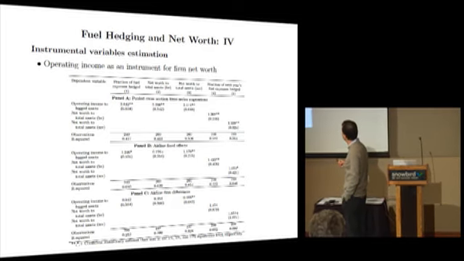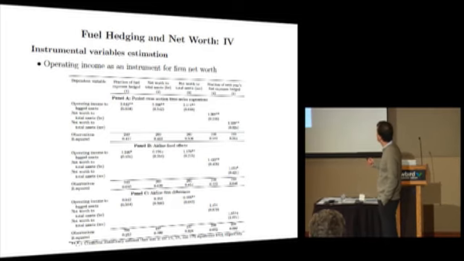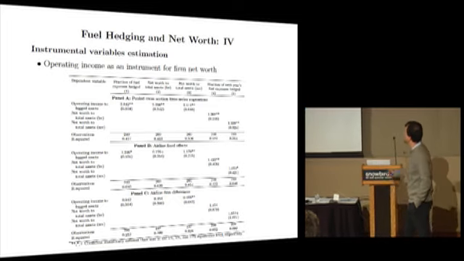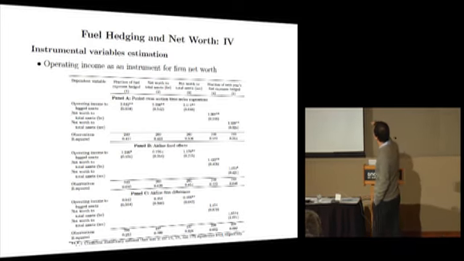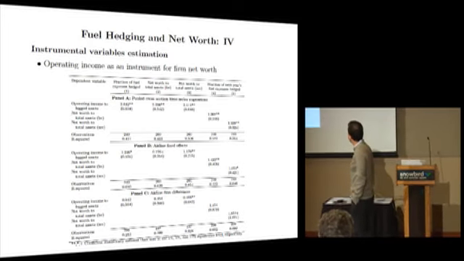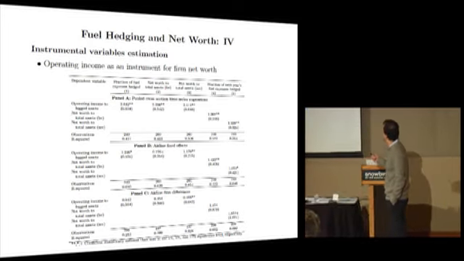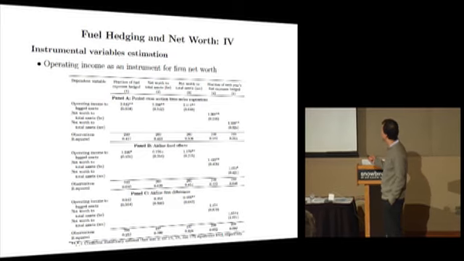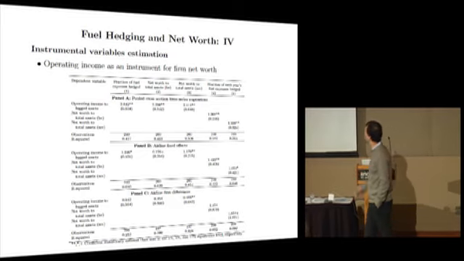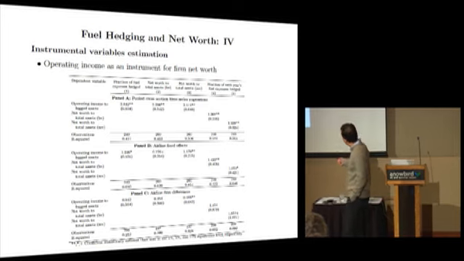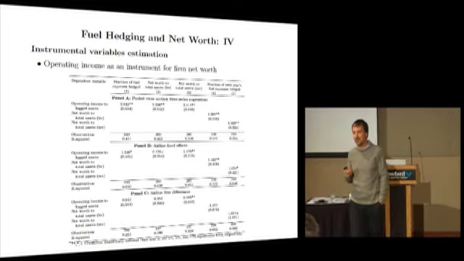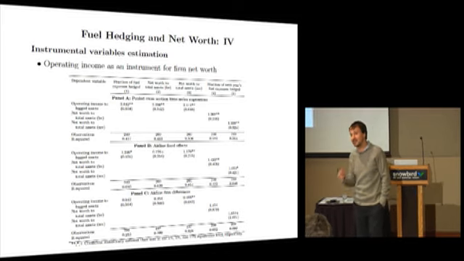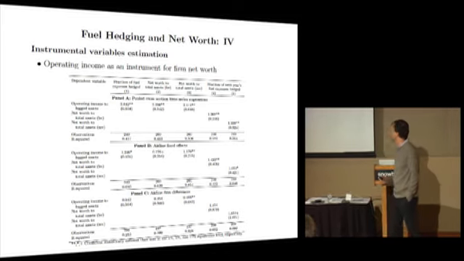So we first project net worth on operating income, and then use our instrumented net worth in the second stage. And again, what you find is strongly in the cross-section and with airline fixed effects, and positively, but a little less significantly so in first differences, that there's a positive relation between hedging and net worth.